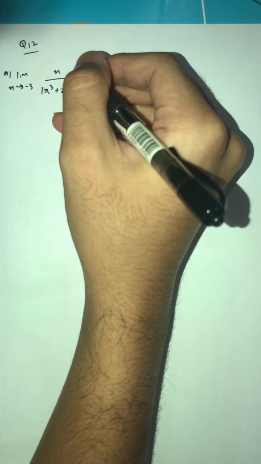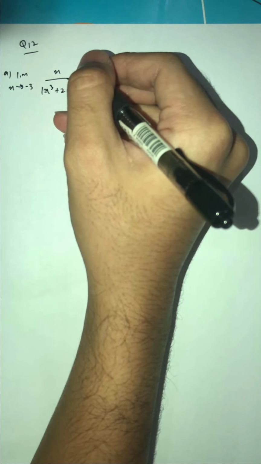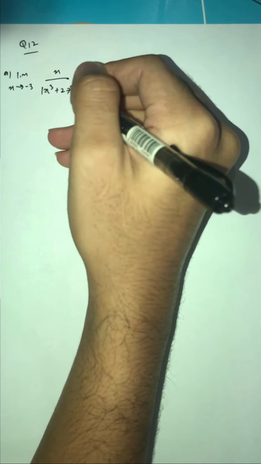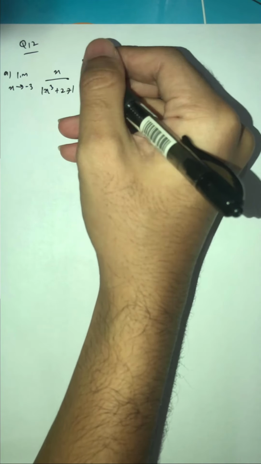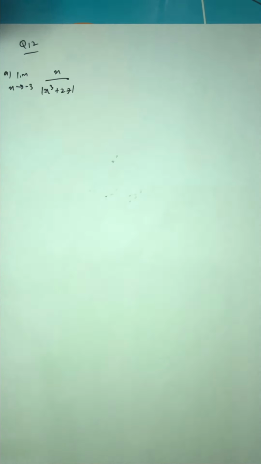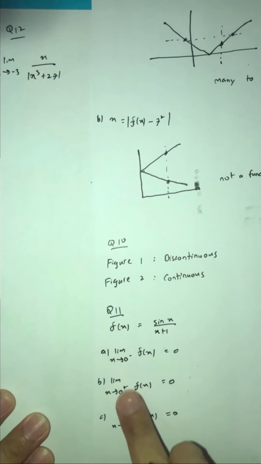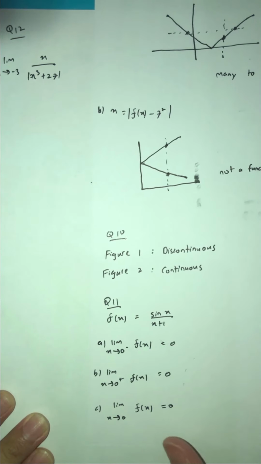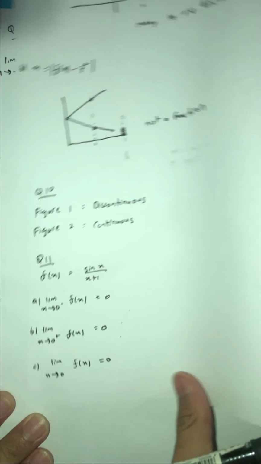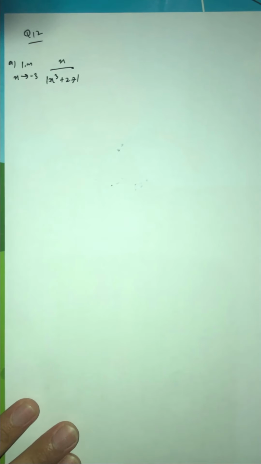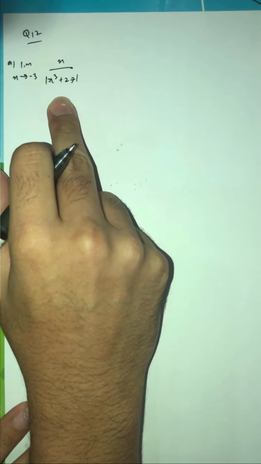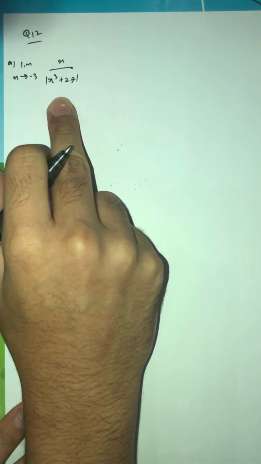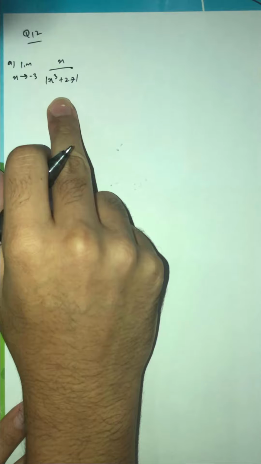There are many ways you can solve a limit, whether you draw the graph or you do just like the previous question, where you find the limit from the left and from the right and then see whether they are equal, or direct substitution or anything you have learned. But since we have tried the previous way, I think this is suitable if we do it like that.